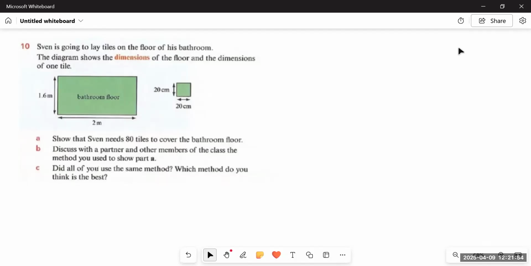How can we find this? What do we have to do? First, we have to find the difference between the area of this tile and that of the bathroom floor. So we will take the bathroom floor first and find its area.